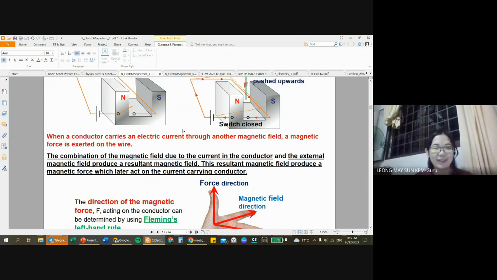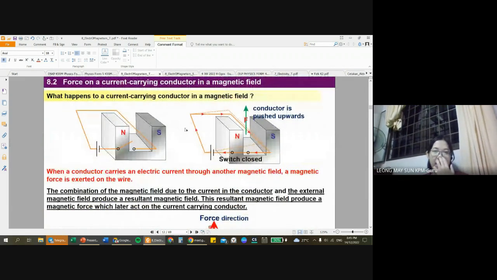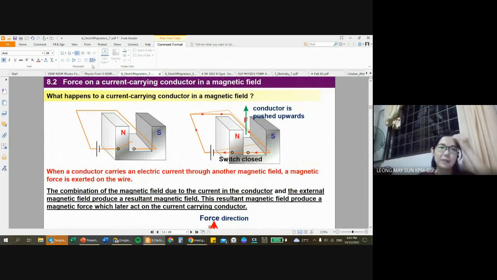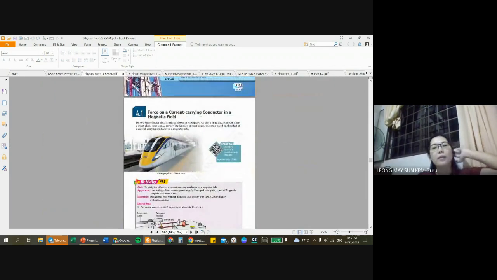Okay, so enough break for me. This is the part where the actual syllabus in the textbook is written. In the textbook we were talking about the force on a current carrying conductor in a magnetic field.